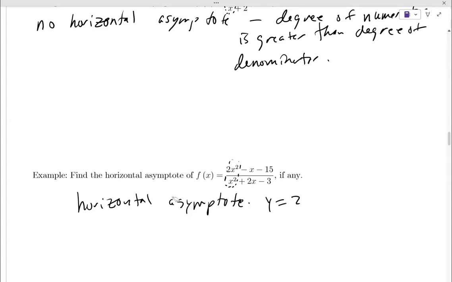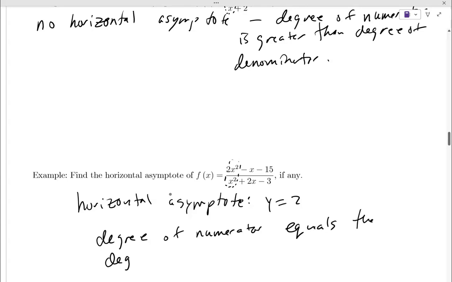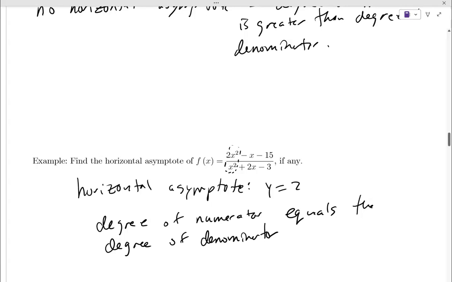Good. And in this case, the degree of the numerator equals the degree of the denominator. We looked at the 2x squared over x squared, which was just 2. Look at the leading terms again.